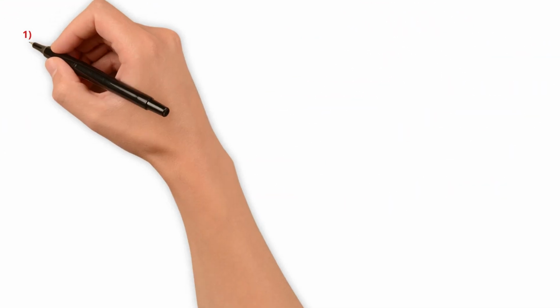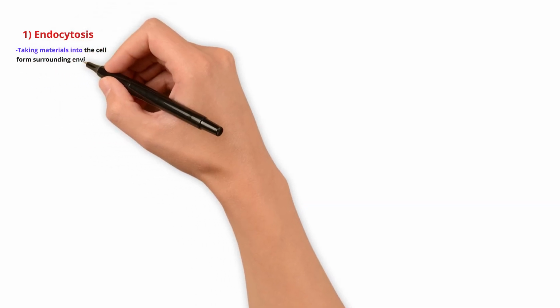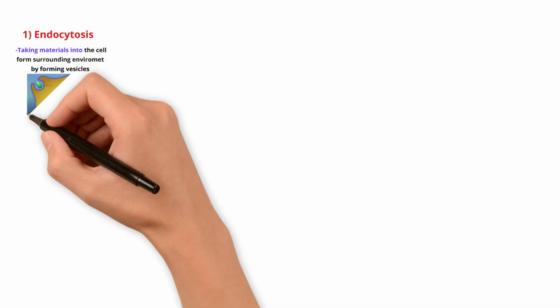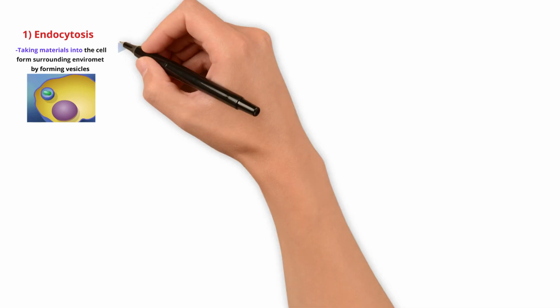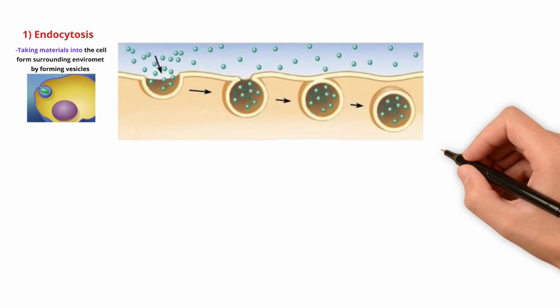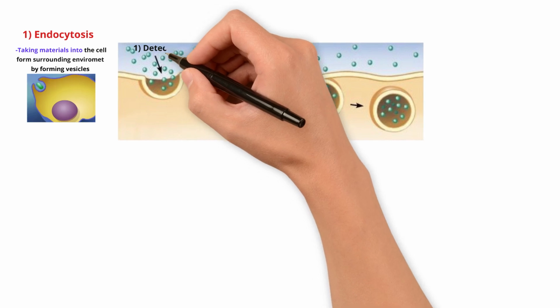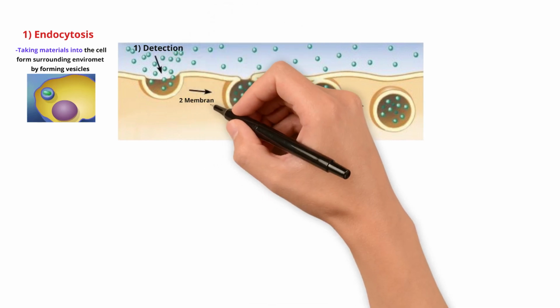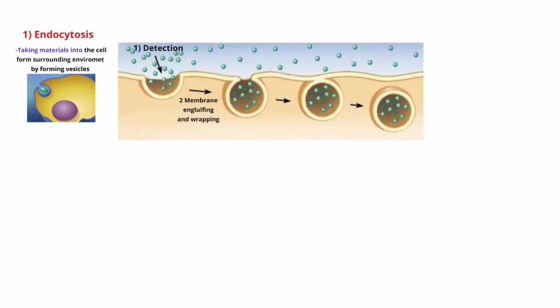Let's begin with endocytosis. As we said, endocytosis involves the formation of vesicles to bring substances into the cell. The process starts when the cell detects a substance near its surface. Then, the plasma membrane folds inward, forming a pocket around the substance.